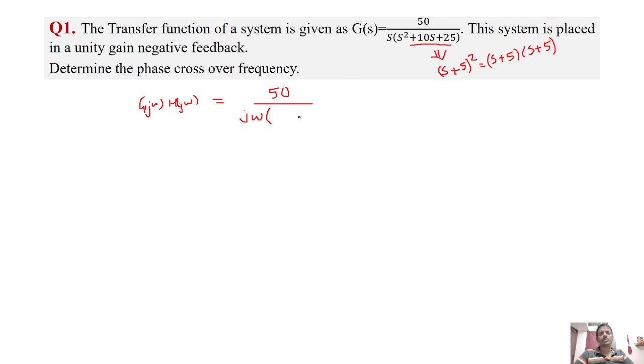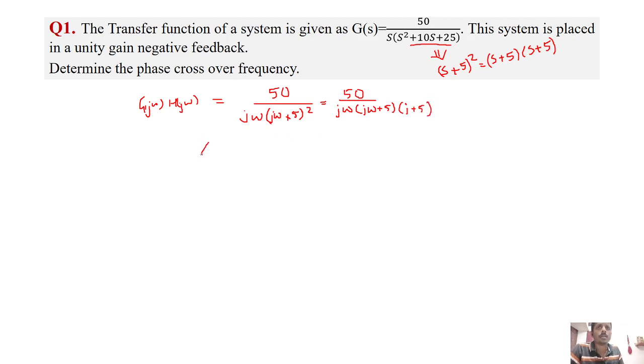That is the denominator. So we can write it as 50 by j omega into j omega plus 5 into j omega plus 5.